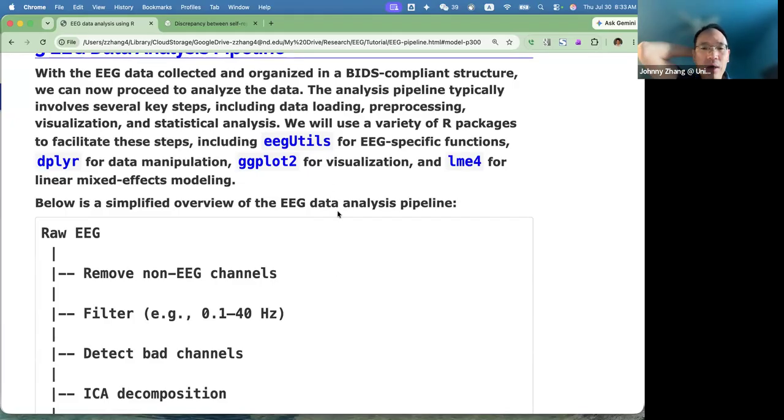In this workshop, I will mainly focus on the use of the EEG utilities R package for EEG data pre-processing. We are also going to use lme4 for some mixed effects modeling.